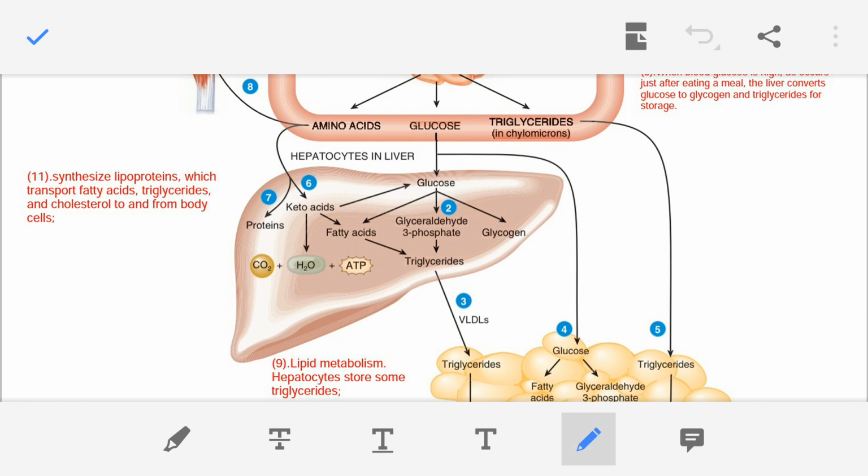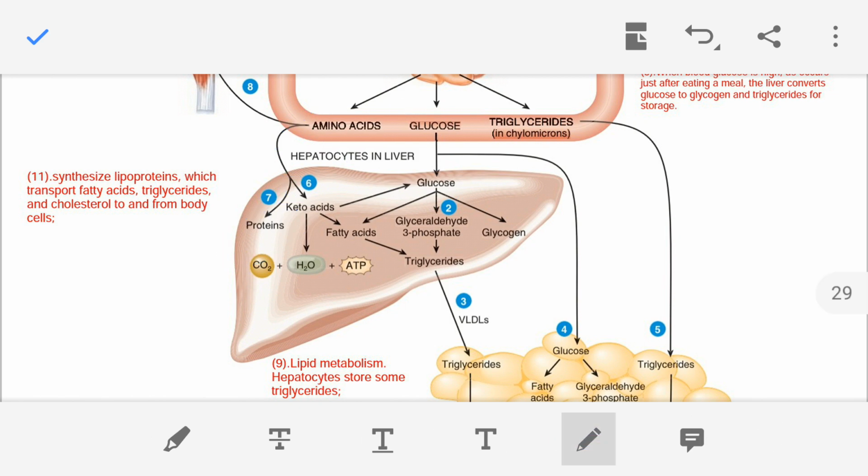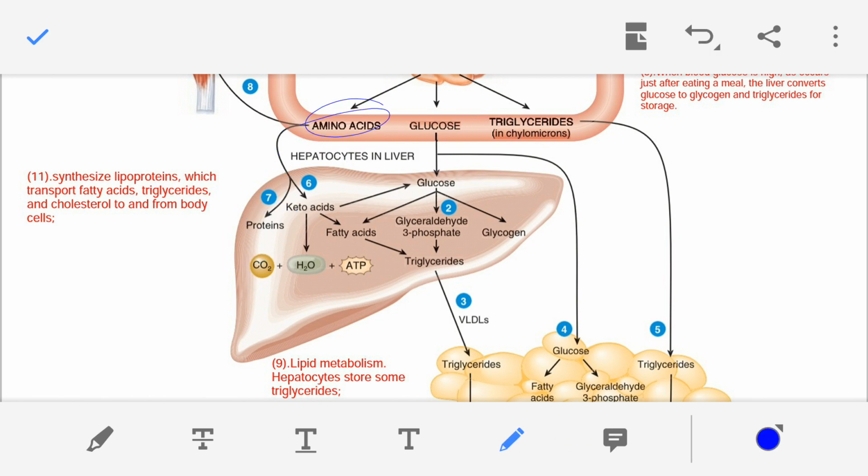Then glucose is converted into glycogen, and glycogen is stored in the liver. Then amino acid enters the liver, and they form protein. From the amino acid, keto acids are formed. From the keto acid, fatty acids are formed.